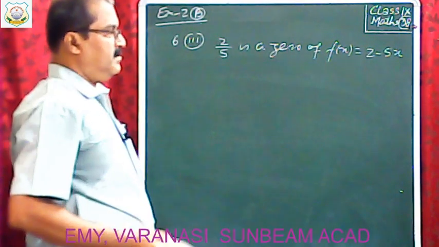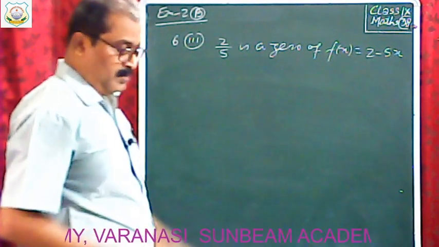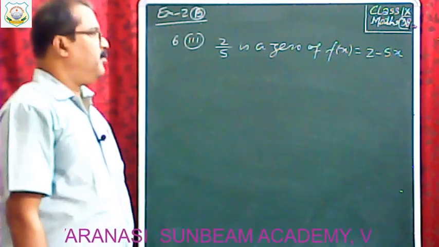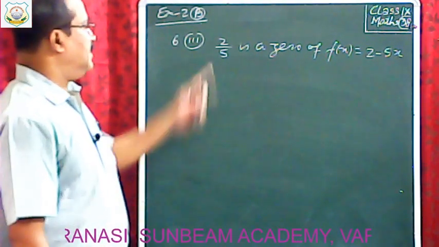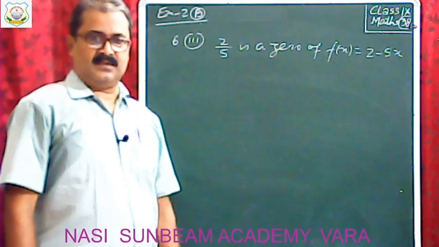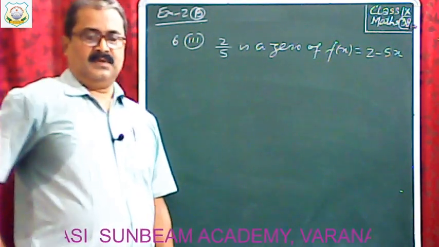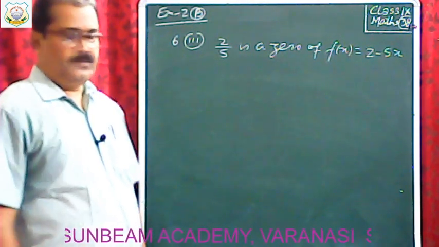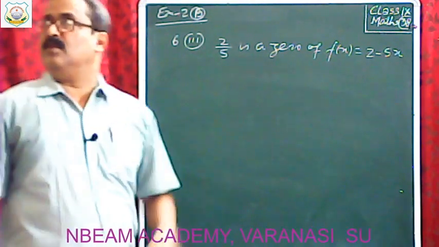Okay, 2 minus 5x is a polynomial. You have to check whether 2 upon 5 is a 0 of the polynomial or not. That means you have to put the value of x, that is 2 by 5, in place of x, and after simplification, if we get the value of the polynomial as 0, then 2 upon 5 is a 0 of the given polynomial.